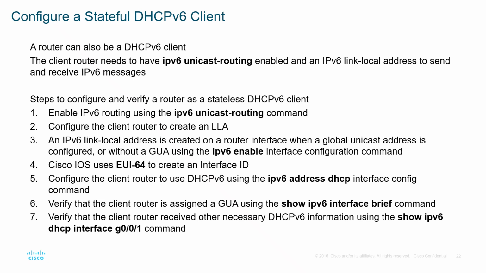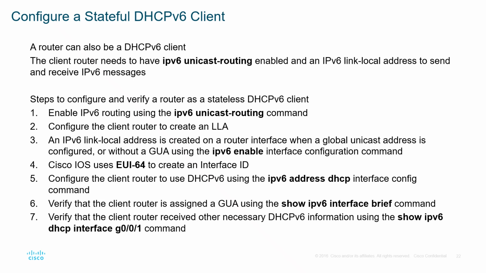A router can also be a client. The client router needs to have IPv6 unicast routing enabled. After that, you configure the client router to create an LLA. An IPv6 link-local address is created again when a global unicast address is configured, or without a GUA using the ipv6 enable command.